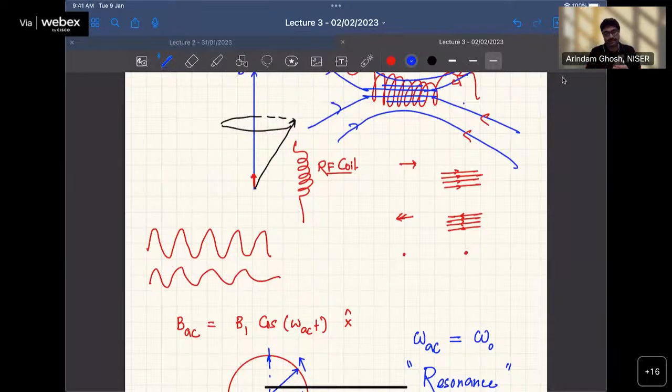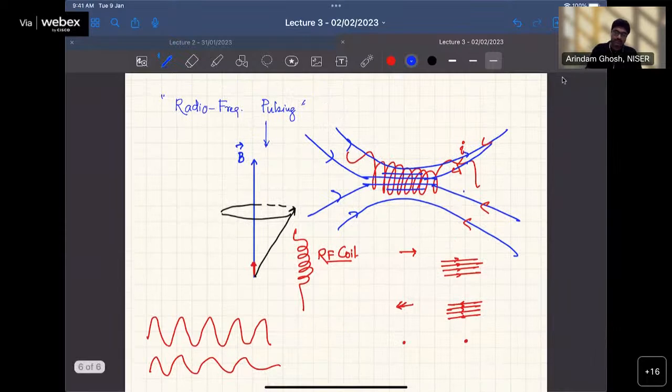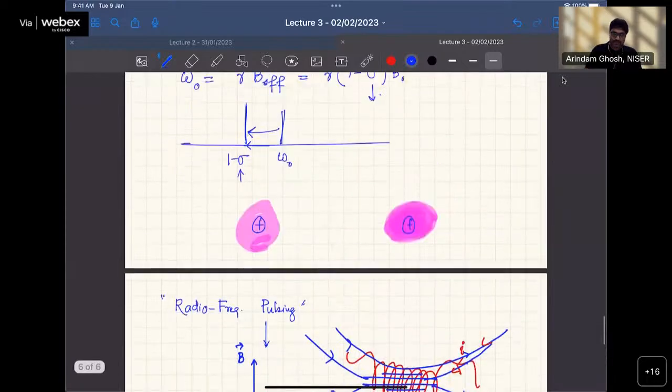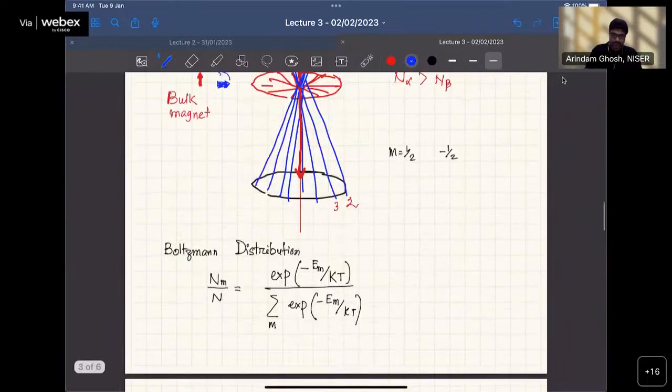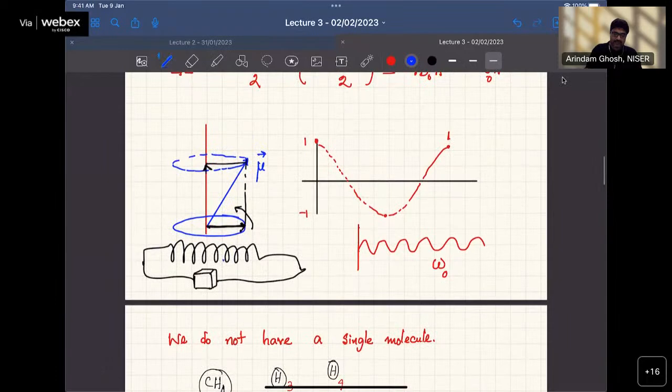seeing the electron cloud. And then once that is there, you can actually keep another coil. This coil is the RF coil, but you can keep a detection coil, which I have already drawn here. Earlier it was just one single component, but now I can modify it: there is going to be a small bulk magnetization, but that is also rotating like this, and that will create an emf, and everything else is going to be the same.